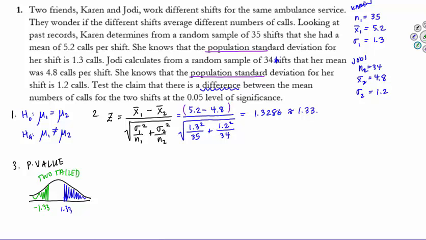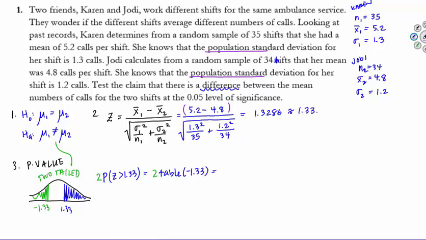This is a common mistake: people get deep into the test statistic, find the p-value, move on with their life, and forget to go back and look at the alternative hypothesis to see what tailed test it is. If it's two-tailed, we can find this probability from the table, but we want to multiply it by 2 because we could be in either direction. The probability that z is greater than 1.33 is twice the value that we can find on the table at negative 1.33.